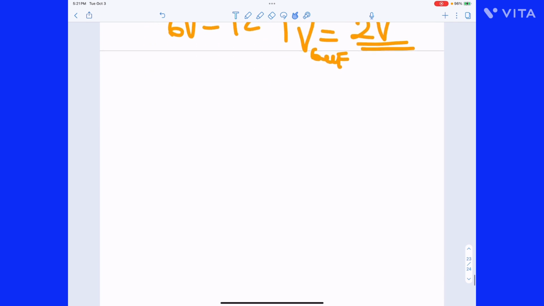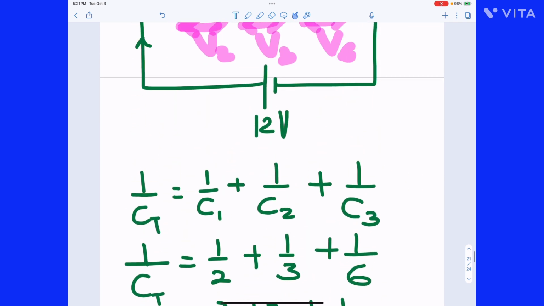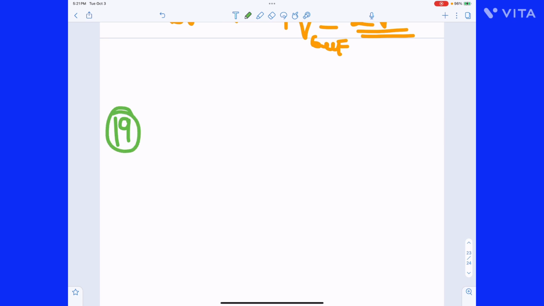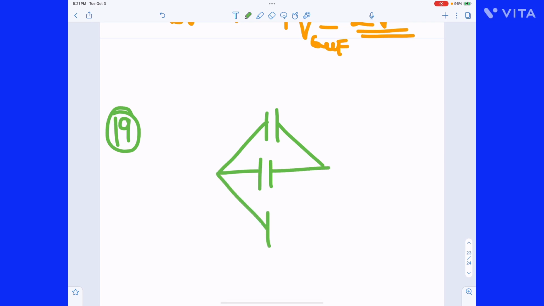When capacitors are connected in parallel, we just add normally to get their total capacitance. So in this combination, C1, C2, C3.